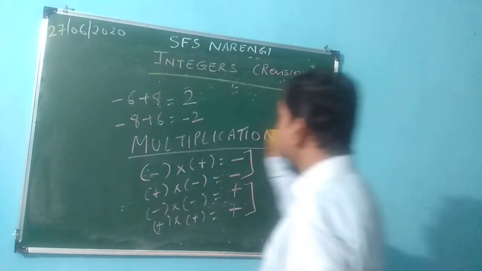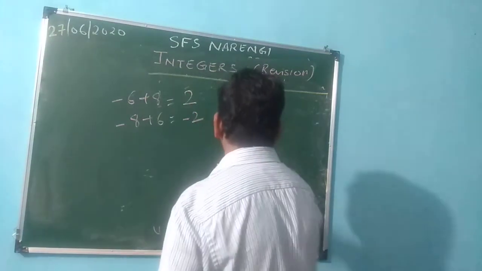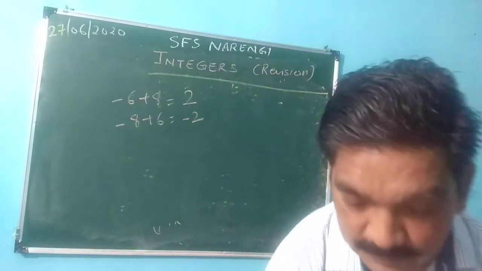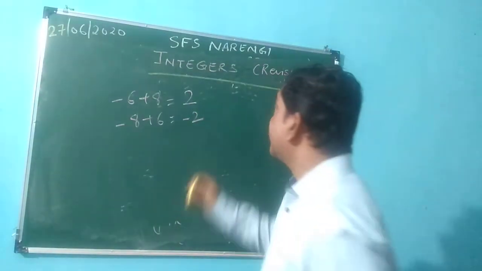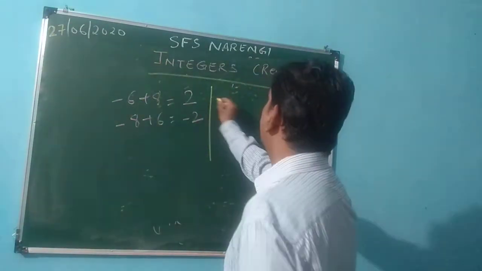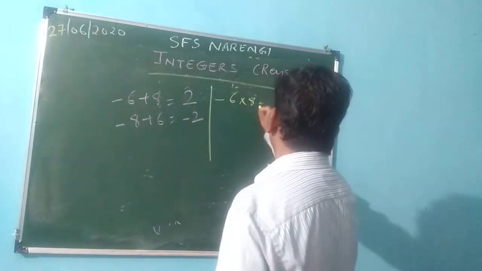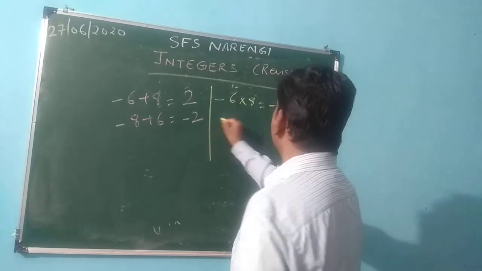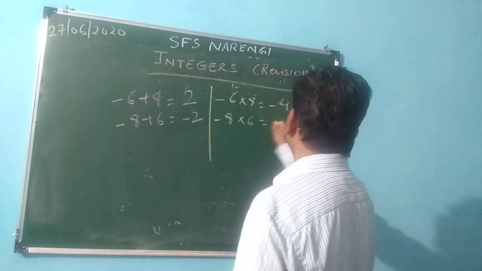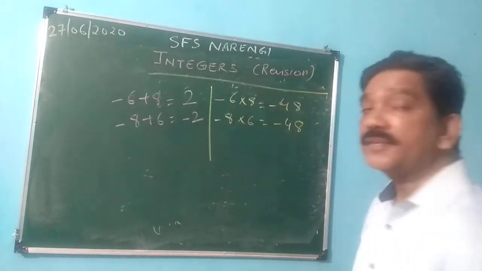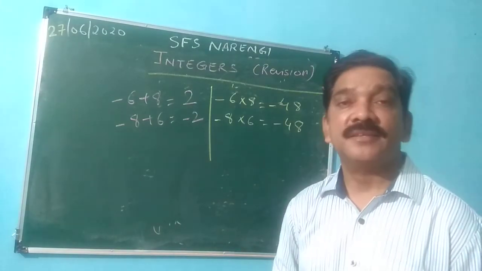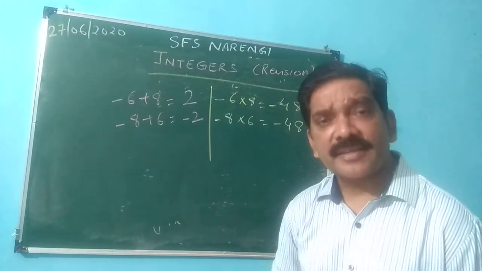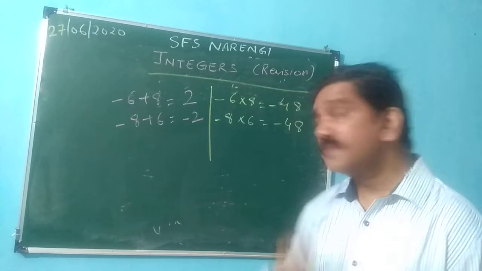Now if I take these numbers, minus 6 into 8, I will get minus 48. If I do minus 8 into 6, again I will get minus 48. So plus into minus and minus into plus, both are the same.